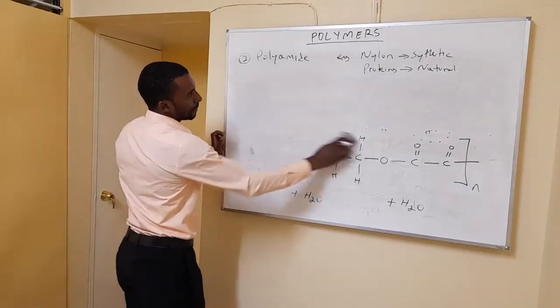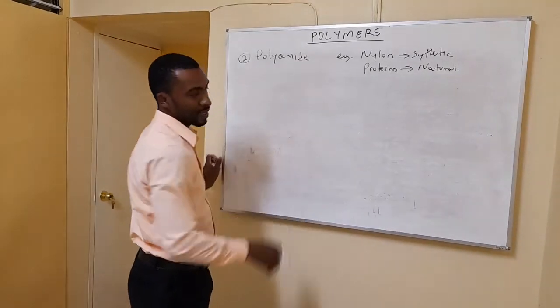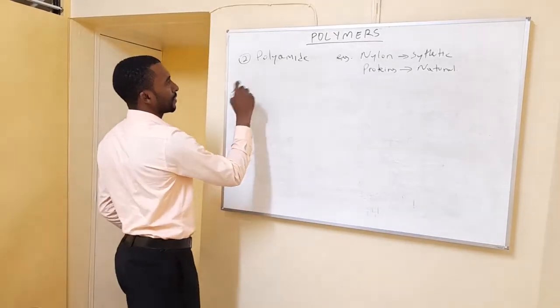If we look at proteins, the monomers are amino acids, and you should know the example of amino acids.